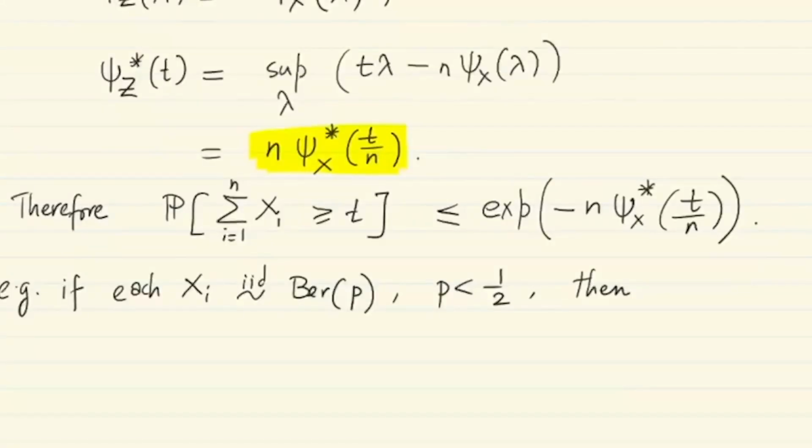Therefore, we have the Chernoff bound: the probability that the sum exceeds t is less than or equal to e raised to minus n times Cx star of t by n, where x represents any of the xi's.